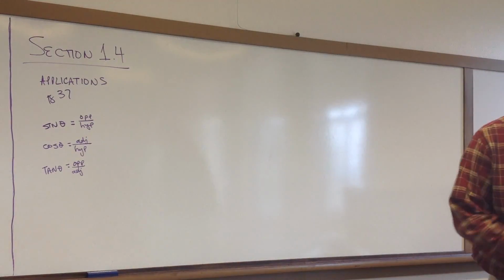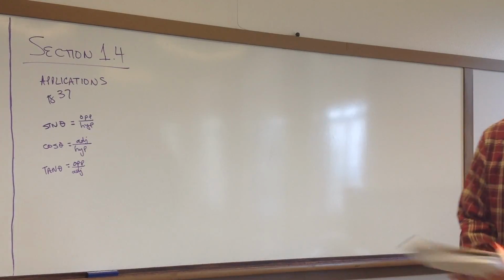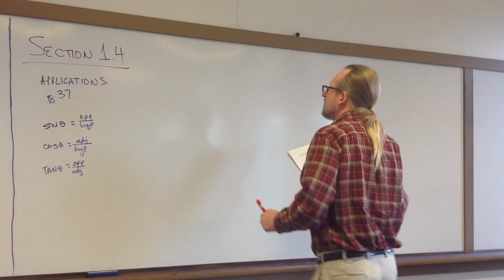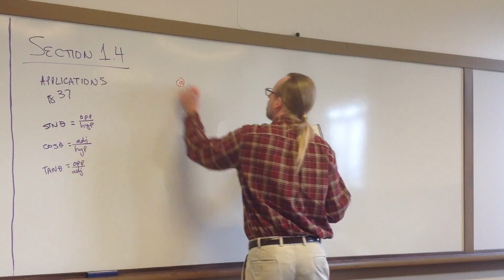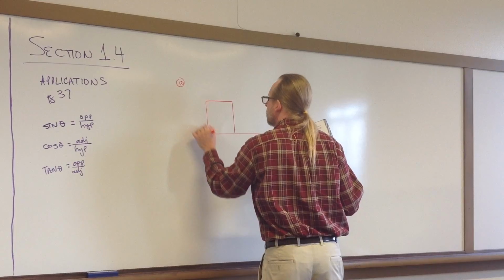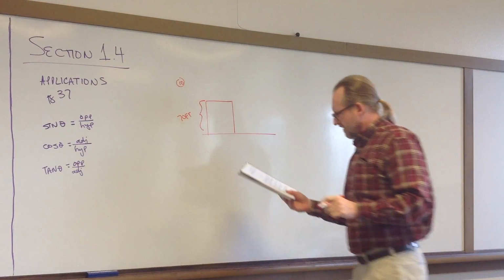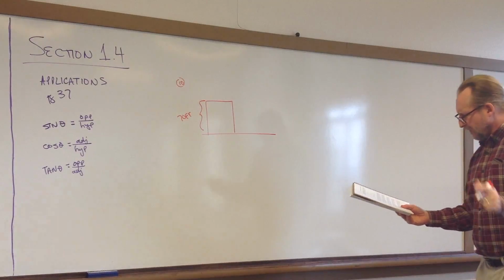Okay. Problem 10. Man standing on the roof of a building 70 feet tall. There's our building. We know its height is 70 feet. He looks at the building next door.